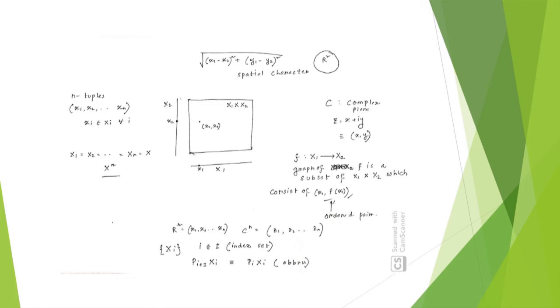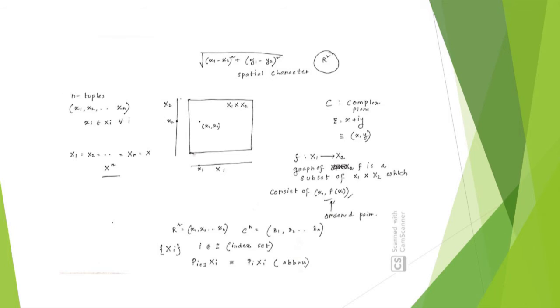So we have an index set I consisting of the integers 1 to n, and corresponding to each index small i we have a non-empty set capital Xi. The n-tuple x1, x2 up to xn is simply a function. We can call it x.